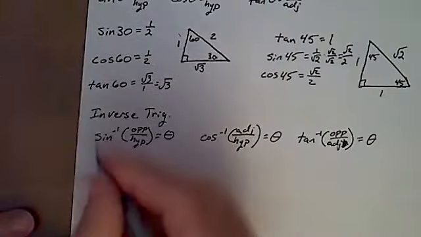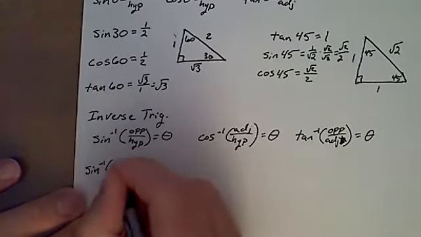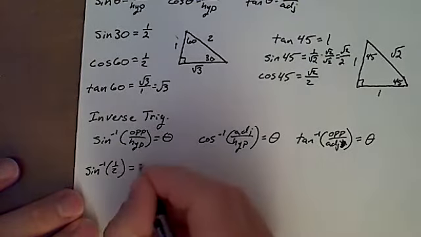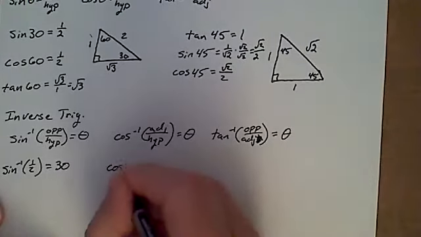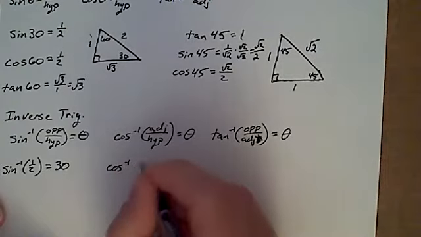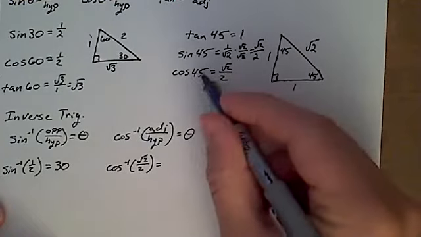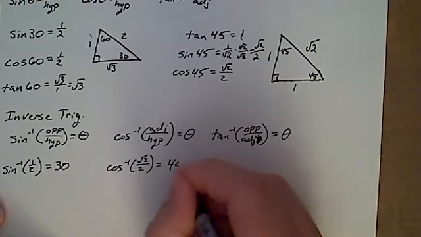In other words, with what we already have above, the sine inverse of 1/2 is 30. The cosine inverse of root 2 over 2, or the cosine of 45 is root 2 over 2, is 45.